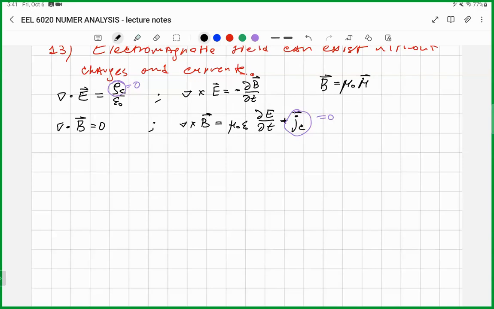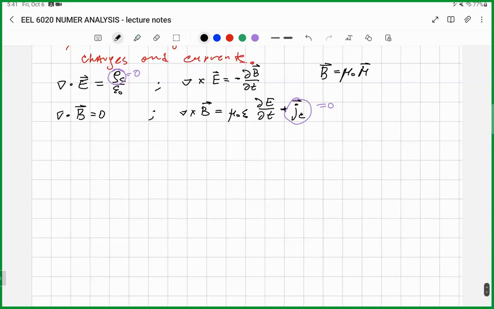We have no charges in the system. Let me take now the curl of electric field. So I take the curl of this equation. So curl of electric field. What is it?